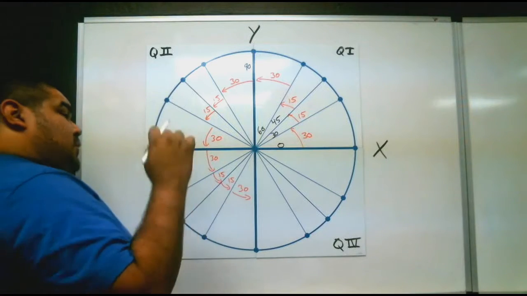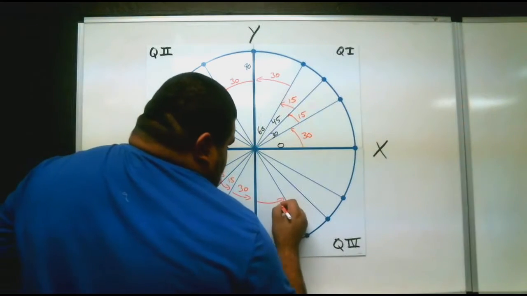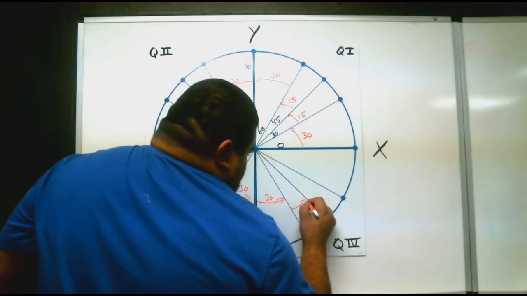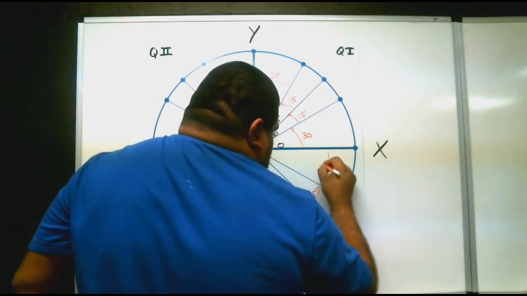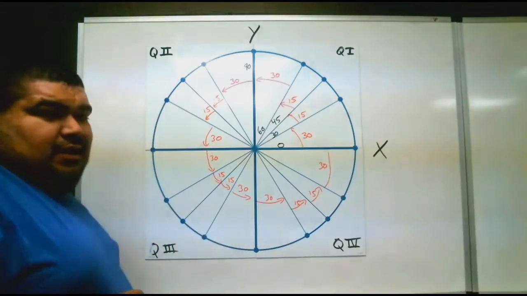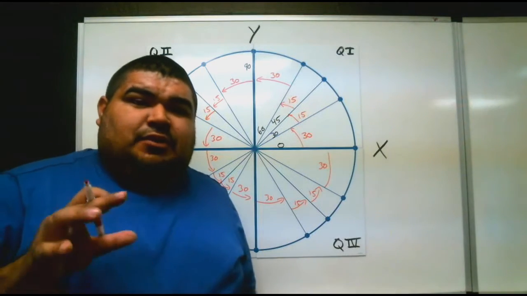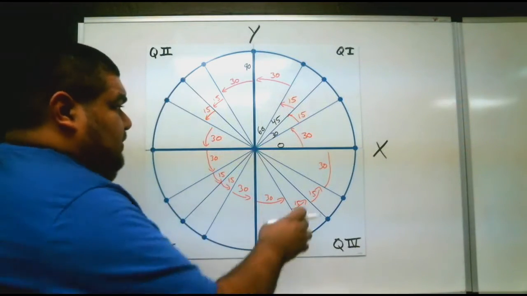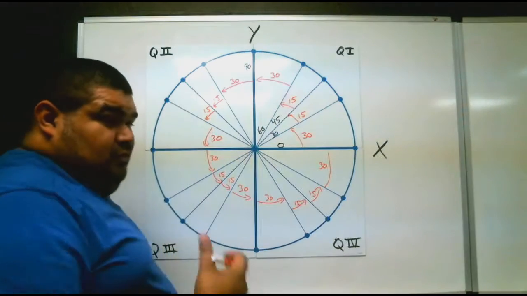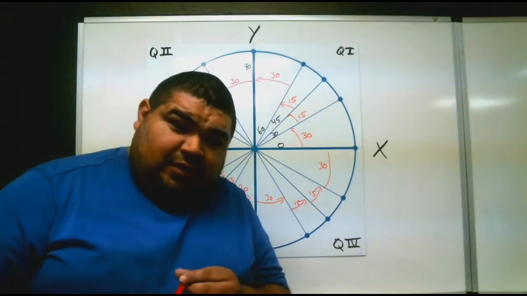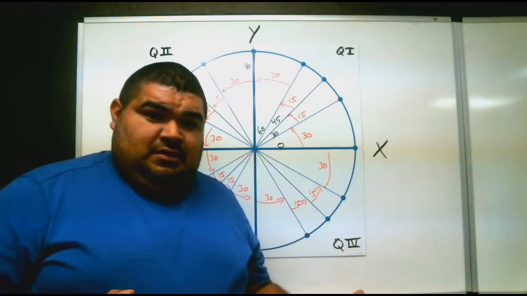And one last time, we have 30, 15, 15, 30 degrees. That's the rule for degrees: 30, 15, 15, 30, and so on. That's how you find the degrees.